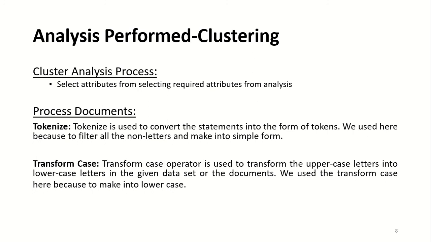In process documents we need to use operators like tokenize and transform case. The first one is tokenize. Tokenize is used to convert the statements into a set of tokens. We use it here to filter out all the non-letters and make the text into a simple form.